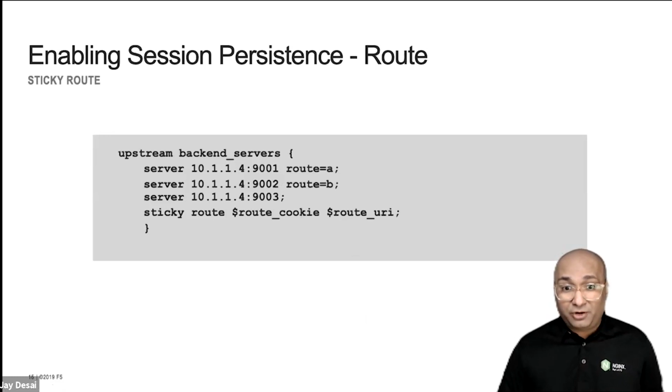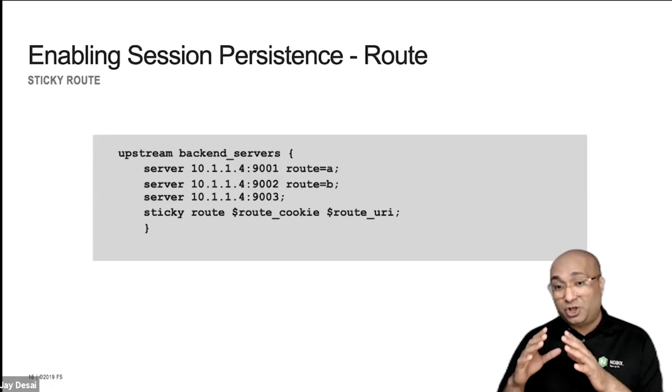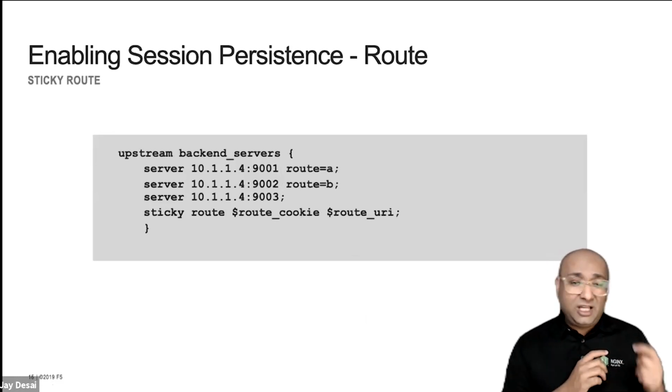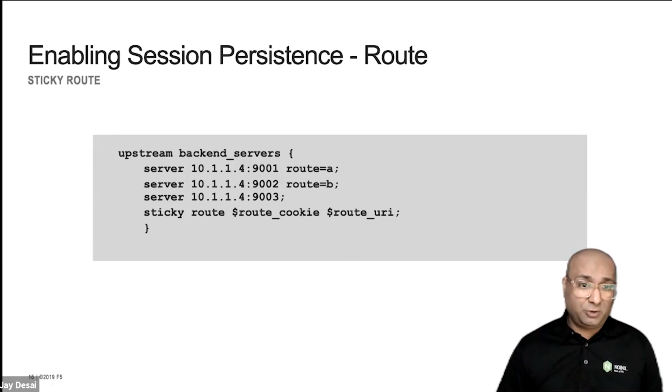Another way to configure session persistence is by using sticky route. In this case, NGINX Plus assigns a route to the client when it receives the first request. All subsequent requests are then compared to the route parameter of the server directive to identify the server to which the request is proxied. The route information is taken either from a cookie or the request URI.